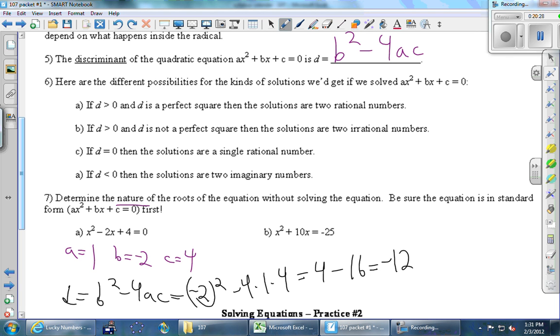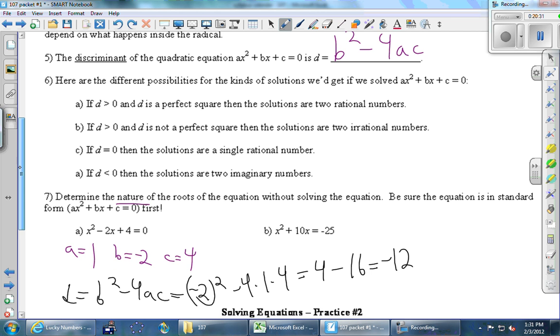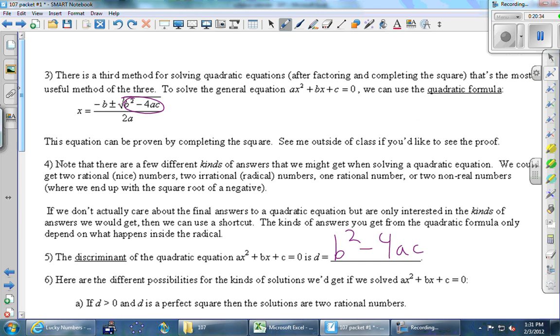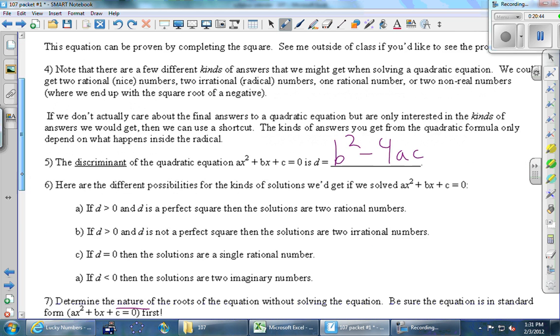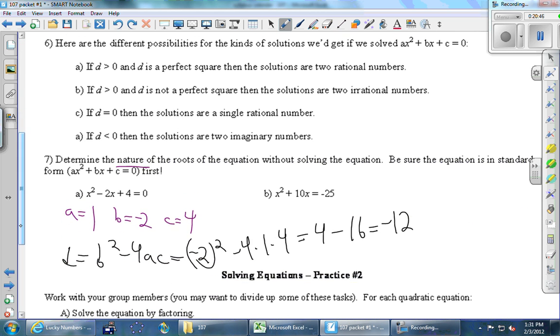So what do we do with that information? Well, that would have been this thing that's circled underneath the square root. So for this example, if I wanted to use the whole quadratic formula, I would need to take the square root of negative 12. And what do you think about the square root of negative 12? It's not real.